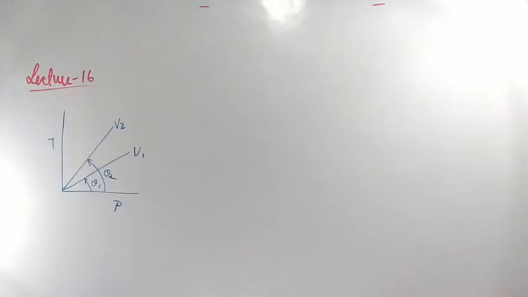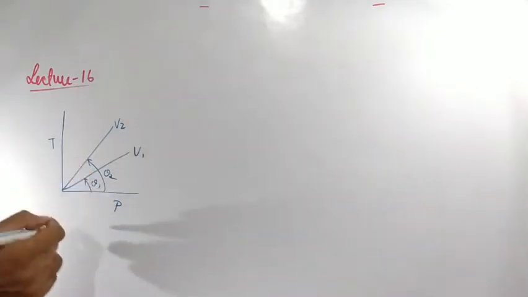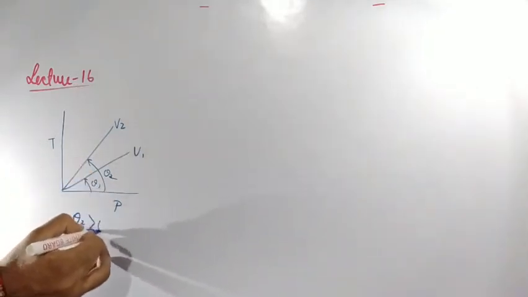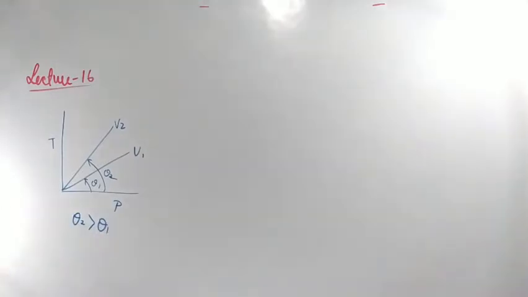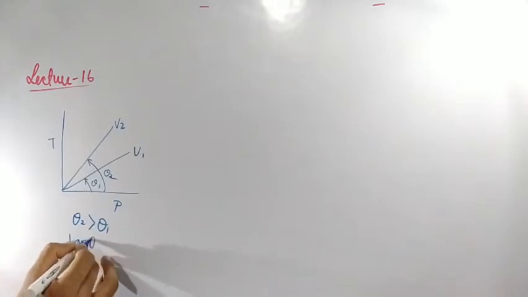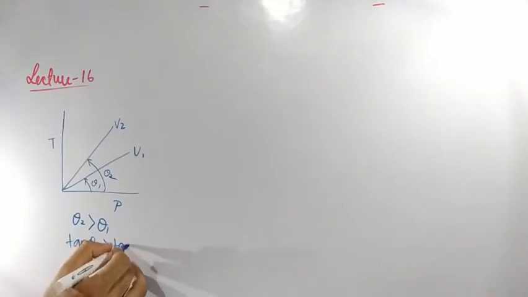Now, listen here. Theta 2 is greater than theta 1 here. Clear? Theta 2 greater than theta 1 means tan theta 2 is greater than tan theta 1, which is known as slope.